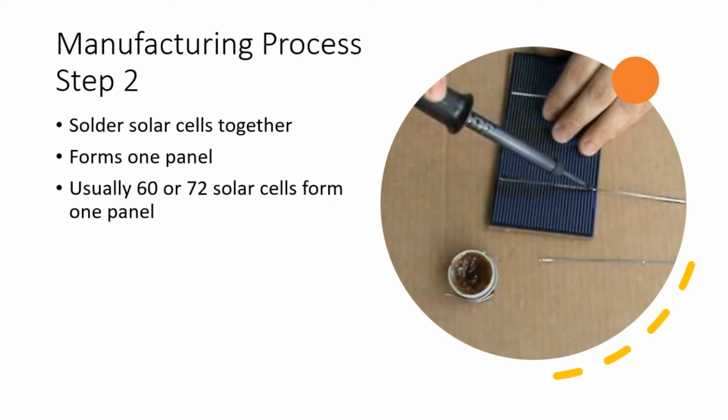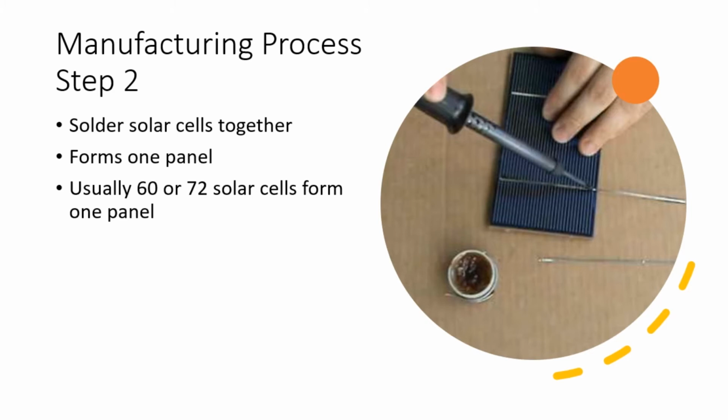The next step of manufacturing solar panels is to solder the cells together. This is really what forms the panel, and it's especially important in the polycrystalline panels. Usually 60 or 72 solar cells will form one panel, but although most solar panels most often have 60 or 72 solar cells, other configurations contain either 32, 36, 48, 96, or 144 cells.